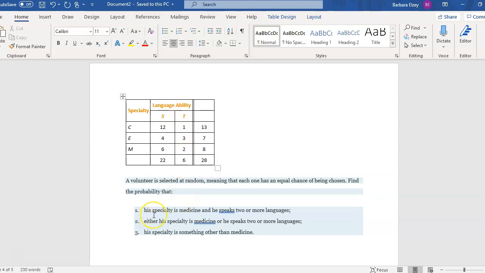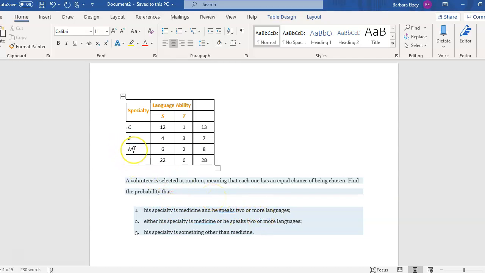But let's go ahead to number 1. So this volunteer is chosen at random, and we want to find the probability that his specialty is medicine and he speaks two or more languages. So he is both a person with M and a person with T, two or more languages, together at one time.